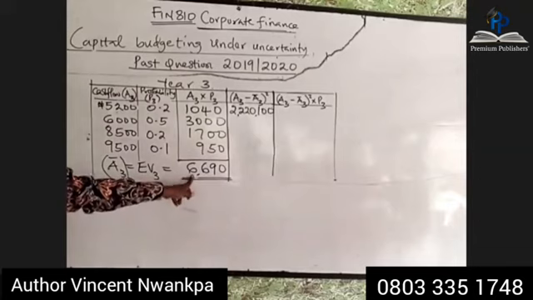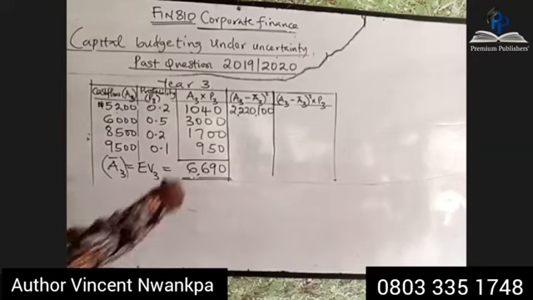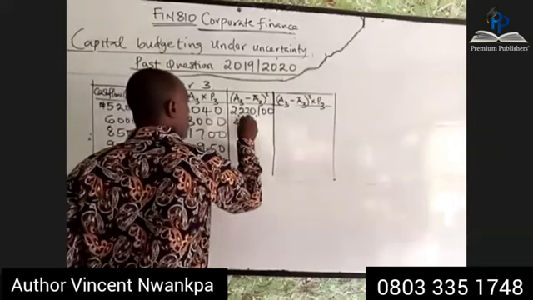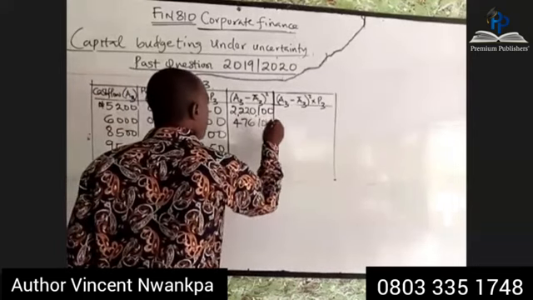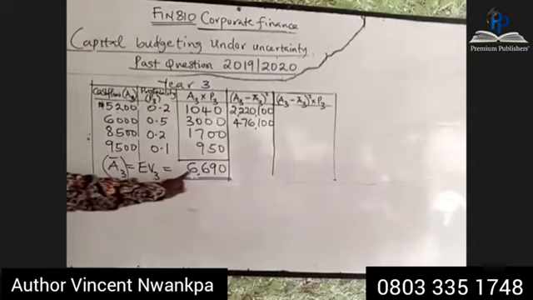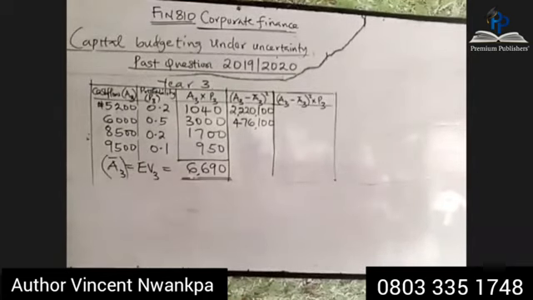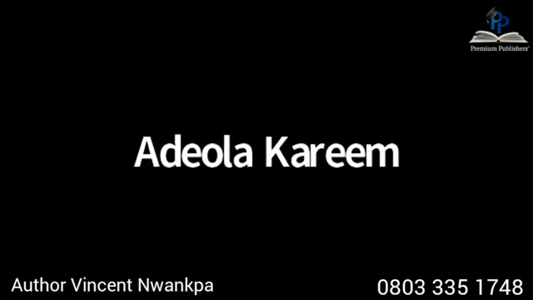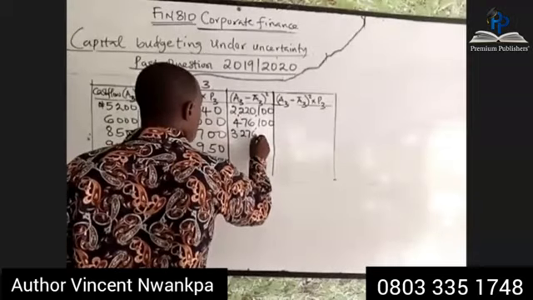That should be minus 690, raised to power 2, which gives 476,100. Next, 8,500 minus 6,690, raised to power 2, gives 3,276,100.